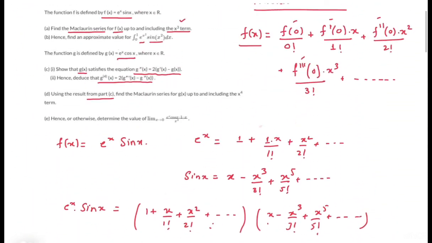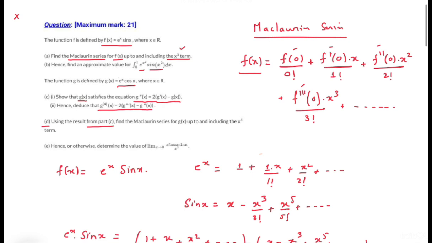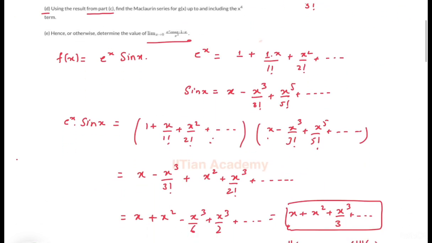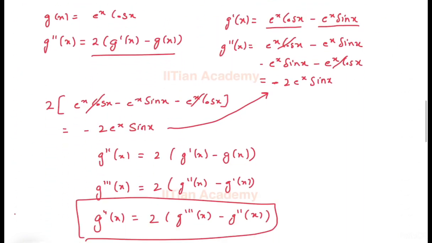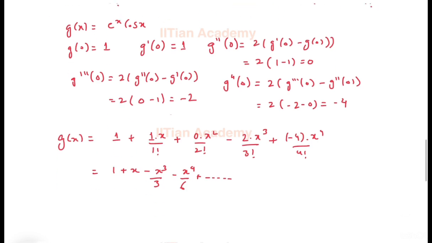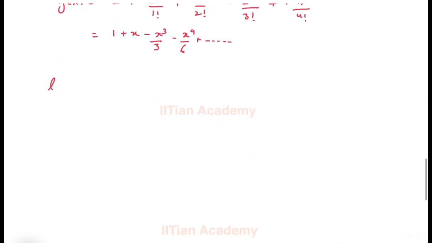Now in the last part we have to identify the limit for the given function: limit x tending to 0 of e raised to the power x cos x minus 1 minus x, divided by x cube. We have already identified the expansion of e raised to the power x cos x.